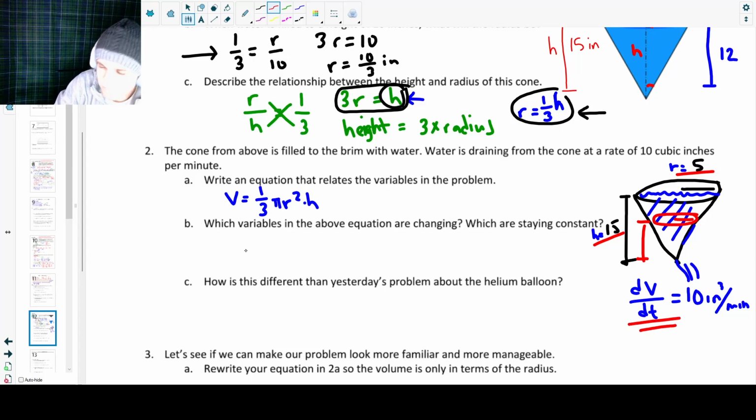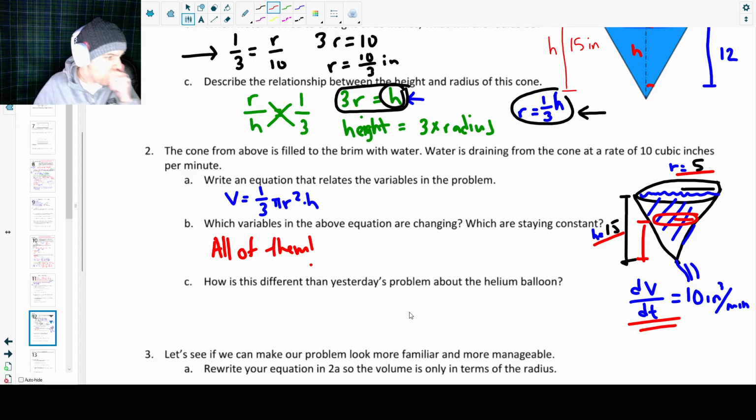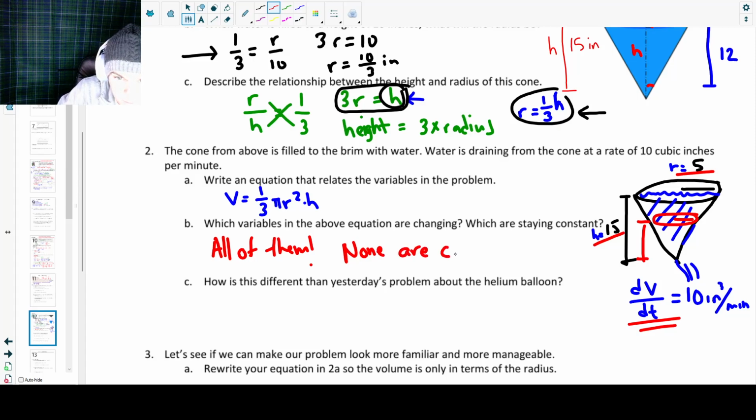So in this situation, all of them are changing. Volume, radius, height, they're all changing throughout this situation. None are staying constant. And this is a tricky concept for a lot of people, right?